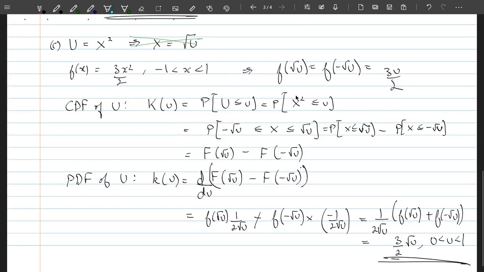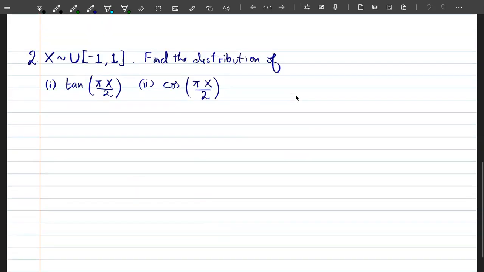So in the next problem, you will see that over here in this second part, the same thing will happen. Although it's not a squaring function, this is also a symmetric, non-monotonic function.